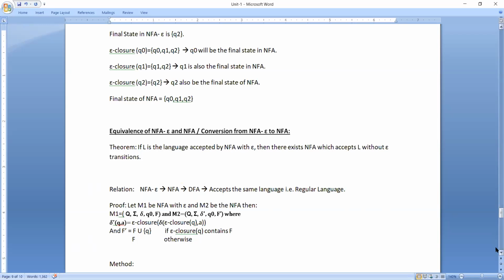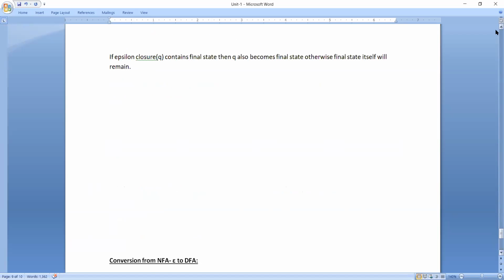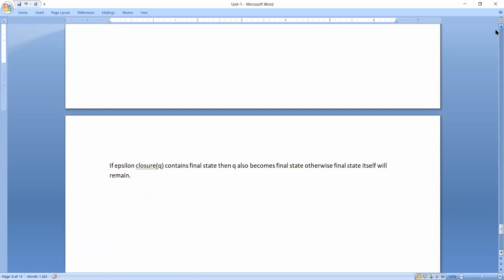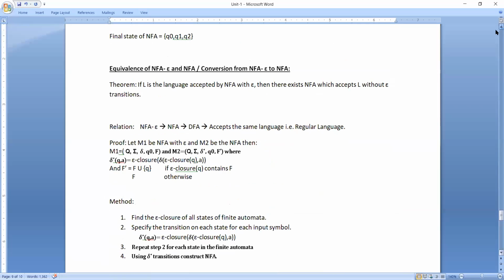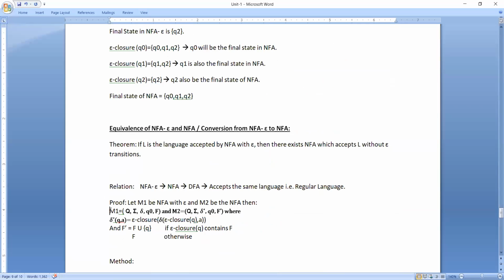Now, the theorem for that I have written in very simple steps, without much difficulty. Please observe. This is our NFA epsilon and this is our NFA.